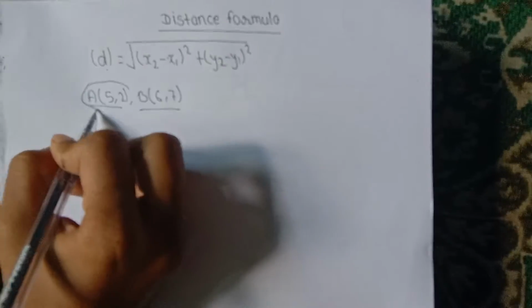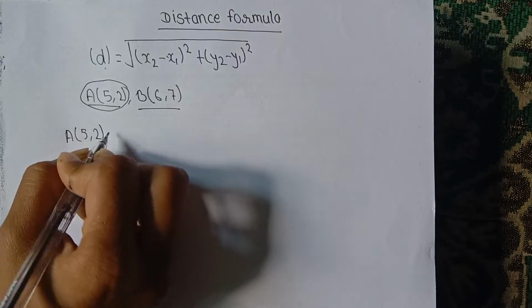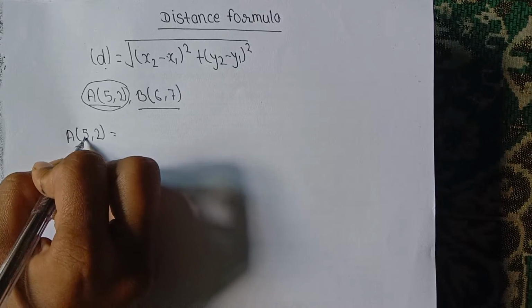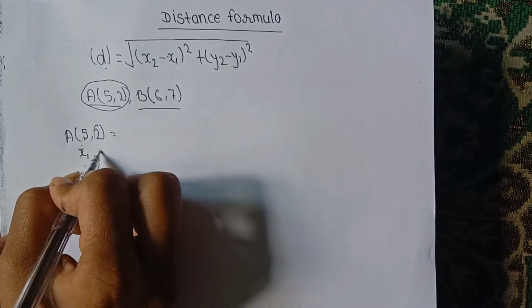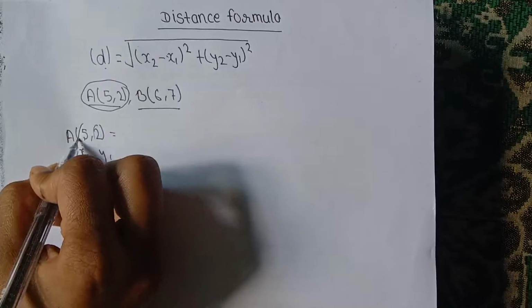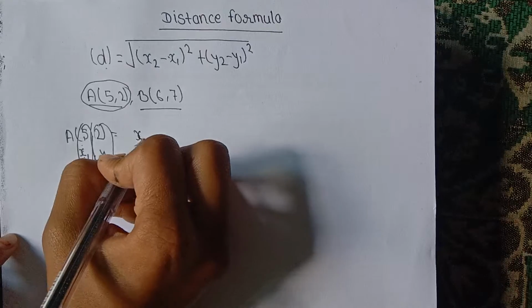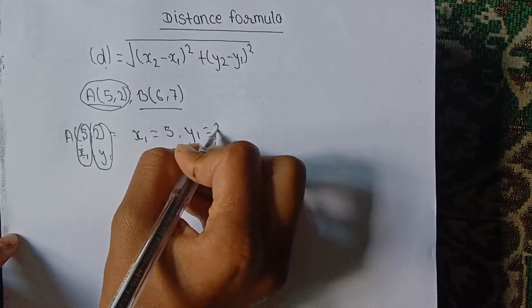Look at the first one, A is 5 comma 2. The first one is x1 and the second is y1. So here x1 is 5 and y1 is 2. So we write x1 equal to 5 and y1 equal to 2.